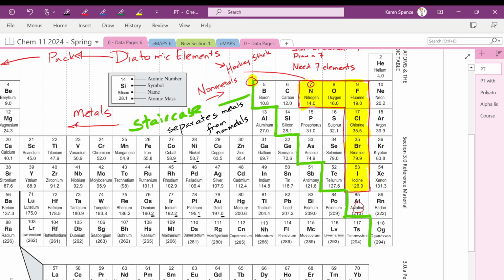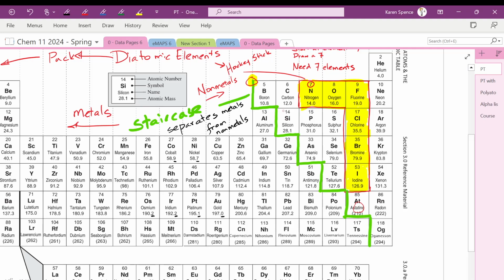Now we talked about metalloids. If the metals are on the left and the non-metals are on the right, where would you expect to find the metalloids? You would expect to find the metalloids right beside the staircase.